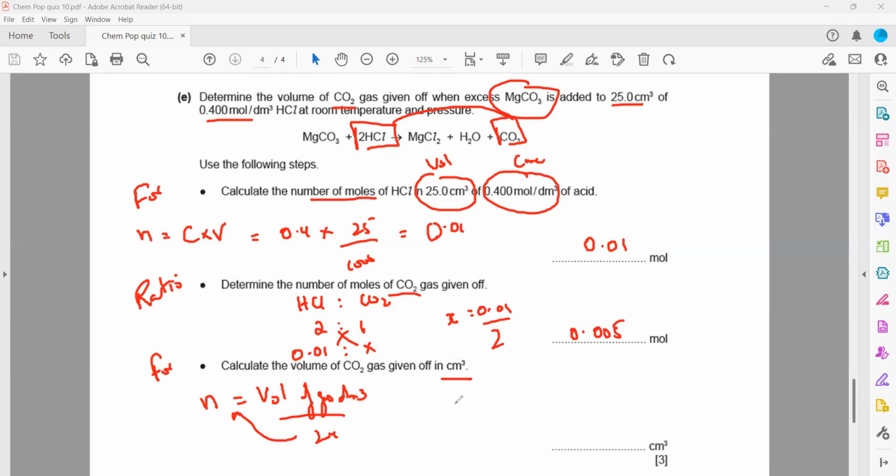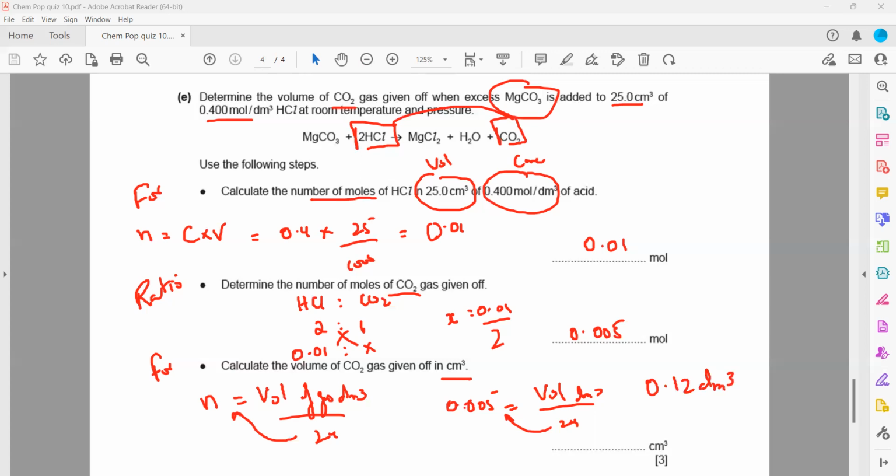So how many moles are there? 0.005. And volume in dm³ divided by 24. 24 is divided, the other side will be multiplied. So we get 24 times 0.005, which equals 0.12.